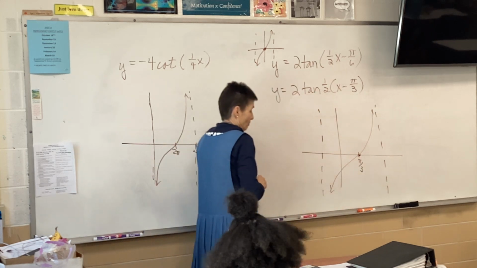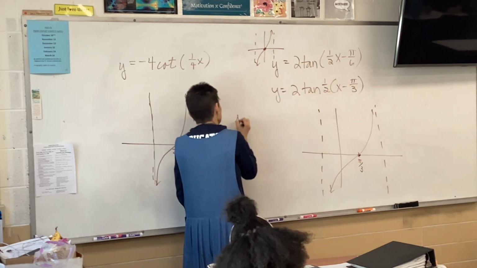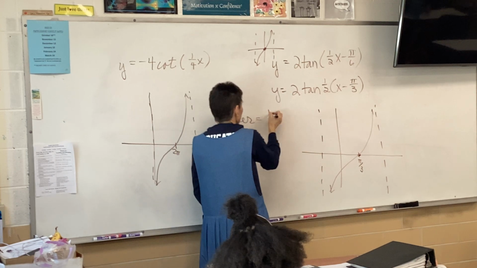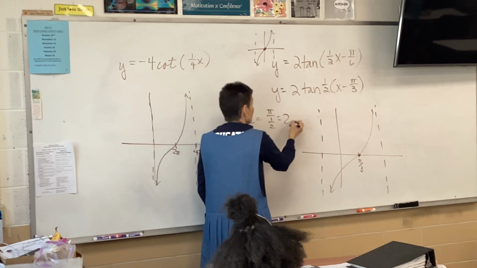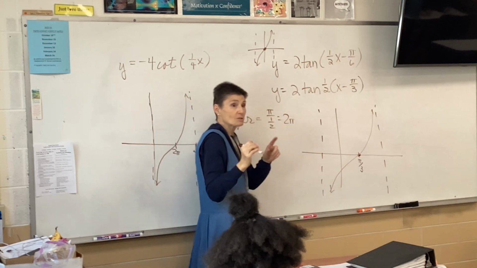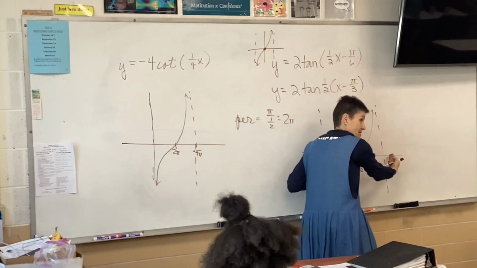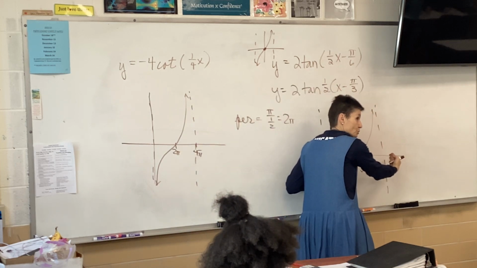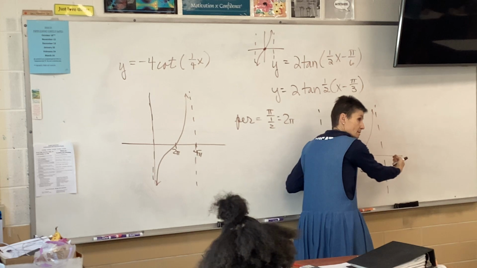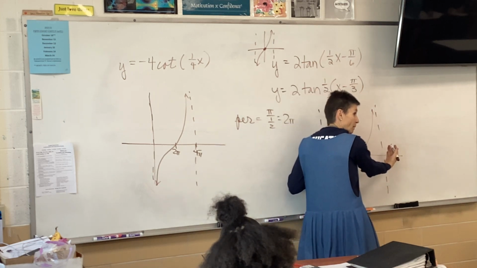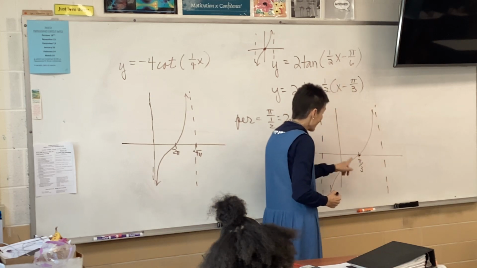Now, what's the period of this function? It's supposed to be pi, but it's now 2 pi? Yeah. So what does that mean? That means asymptote to asymptote is 2 pi. That's the middle.